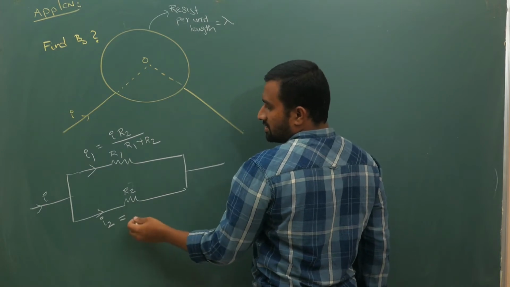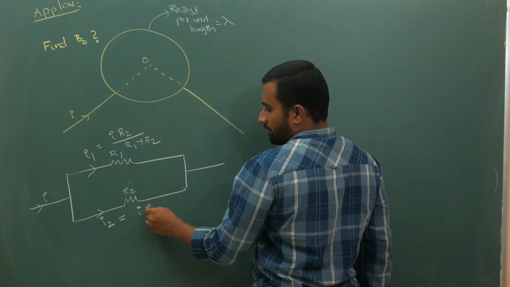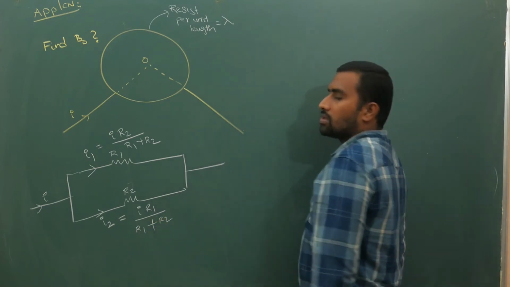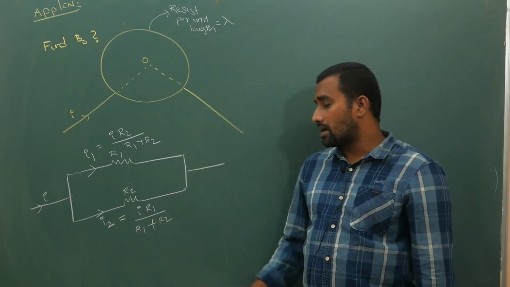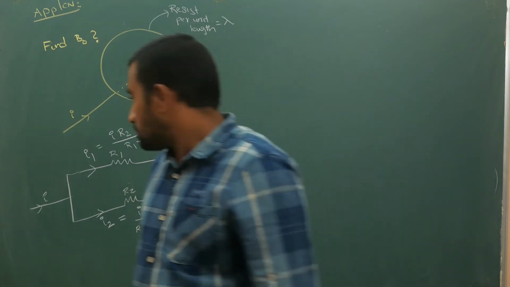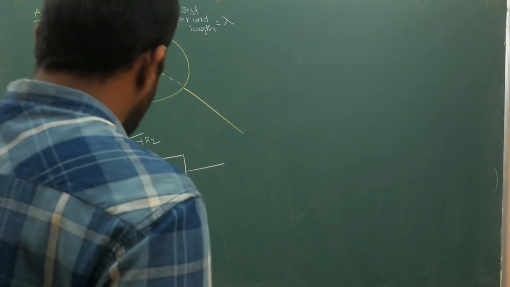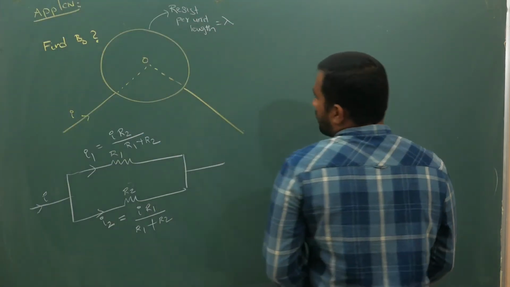This side the current is I times R1 by R1 plus R2. Once these are known, we can substitute the values and simplify.